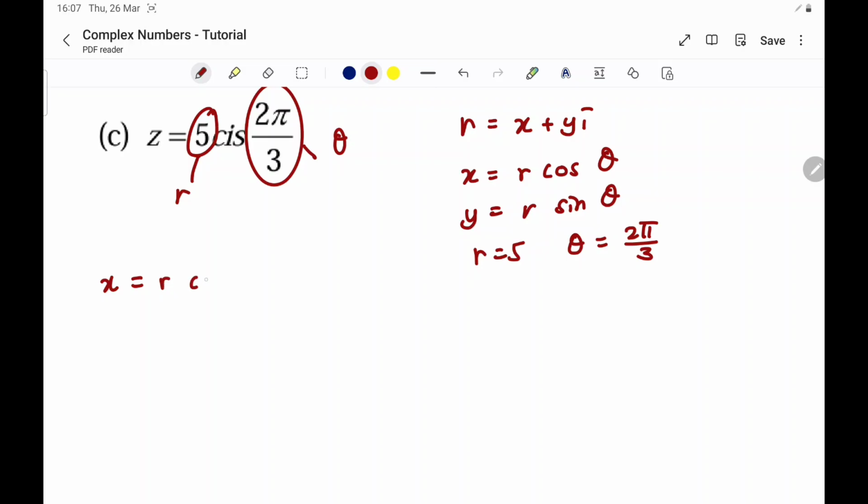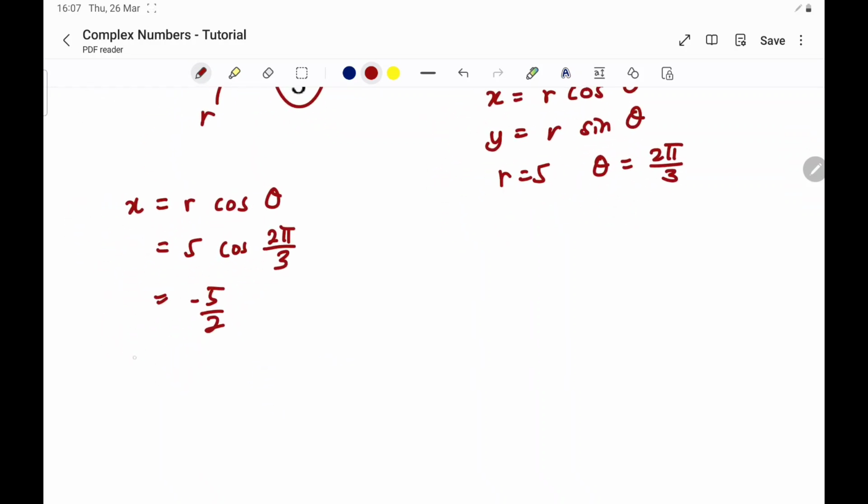So r cos theta, so r is 5, cos theta is 2 pi over 3. Then here you use your calculator, you're gonna get negative 5 over 2.